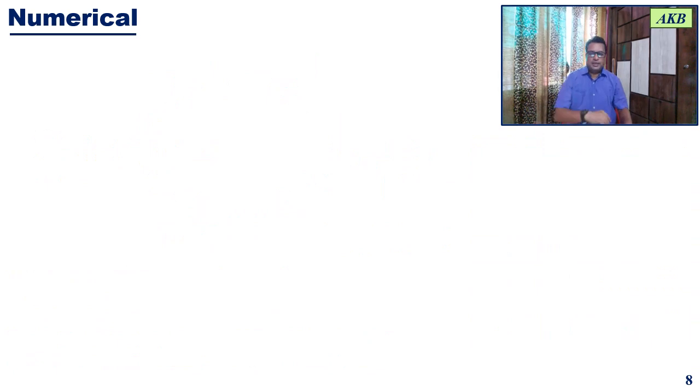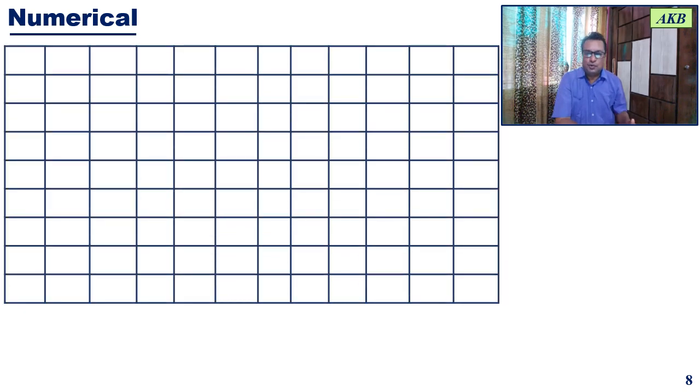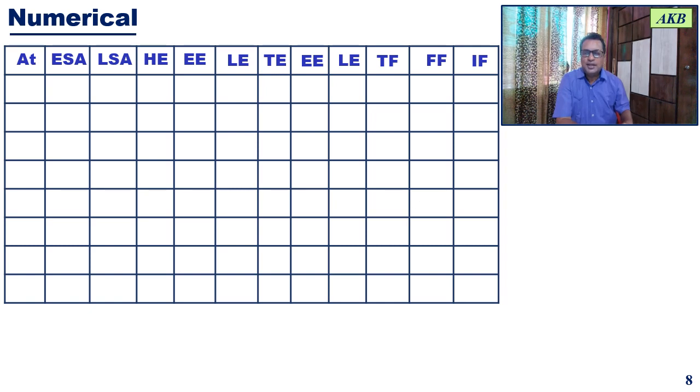Okay, now on this slide finally we will calculate floats for all the activities, the three types: total float, free float and independent float. So for that I have prepared this table, and let me first tell you what the entries in this table are. We will be listing all the activities. We will be listing earliest start time for each of the activities. Then we will be listing latest start time for each of the activities.